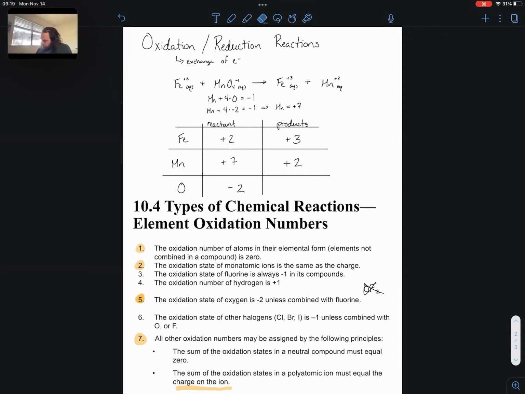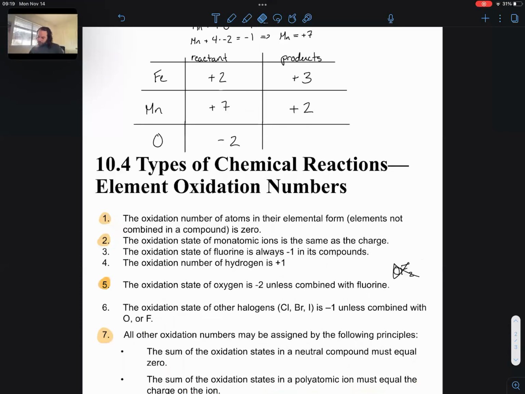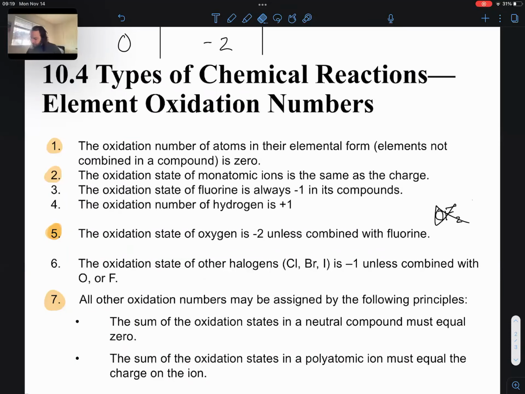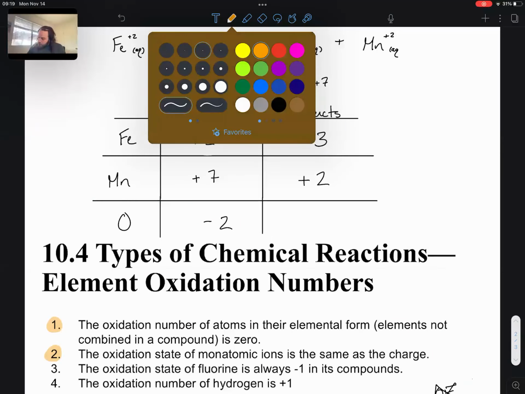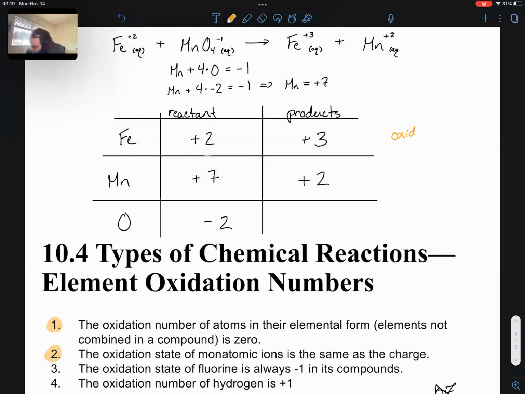Right, so out of all of these rules, those are the 4 that I would prioritize to keep straight in my brain, because they're the most important ones. And so, like we said that the iron was being oxidized, the manganese is then, we can see, being reduced, right? It's going down in oxidation number.